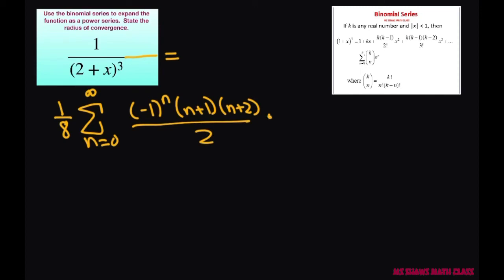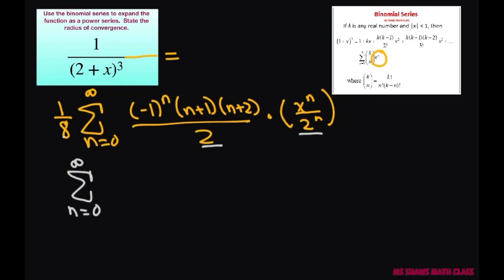And now we have to multiply it by our x, which was x to the nth power divided by 2 to the nth power. I just broke that up. All right. So we have the 1/8, so let's just write this as the sum, n equals 0 to infinity.